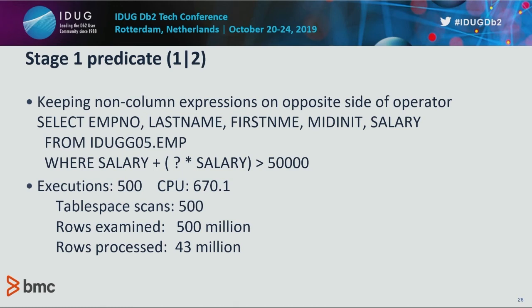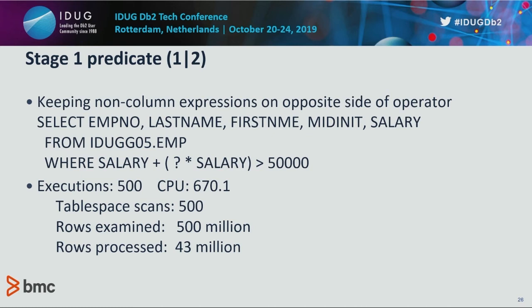This next example I took from the Managing DB2 Performance manual, talking about stage 1 versus stage 2 processing. In this before statement, the query is identifying the employees who would make greater than 50,000 if the salary were increased by a parameter marker percentage.